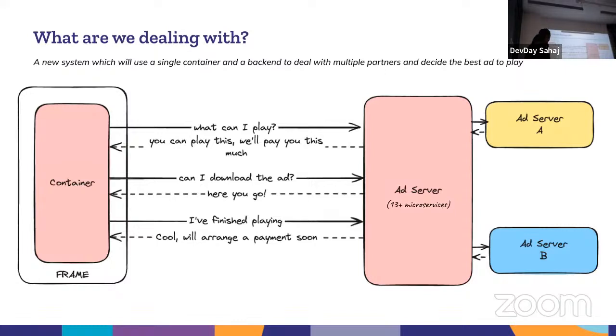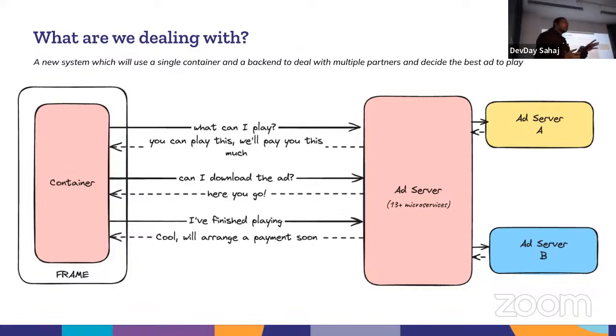Our client is basically trying to create a system where they don't want to share time between two different SSPs. So they have an SSP, they have another SSP. We'll call them A and B for the time being. But if they split them by time, they lose some time where they could have played an ad from one of the SSPs. So imagine 10 to 11, I'm playing SSP A's container. So it's going to only try to contact SSP A to get the ads.